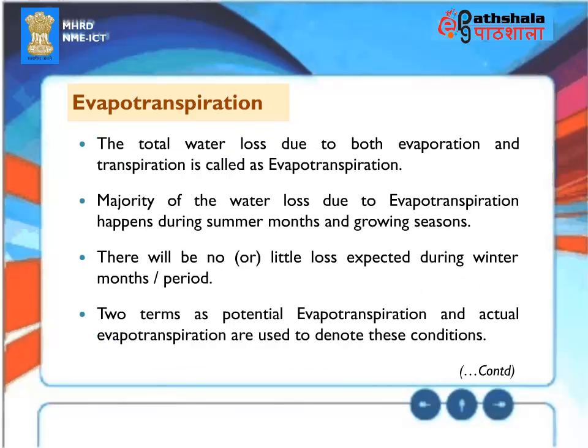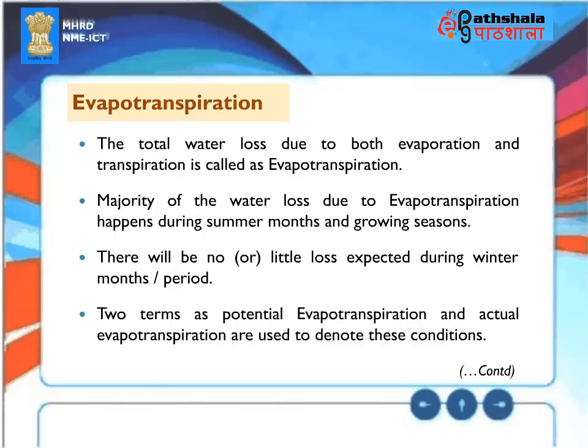The total water loss due to both evaporation and transpiration is called evapotranspiration. The majority of the water loss due to evapotranspiration happens during summer months and growing seasons. There will be no or little loss expected during winter months or period.